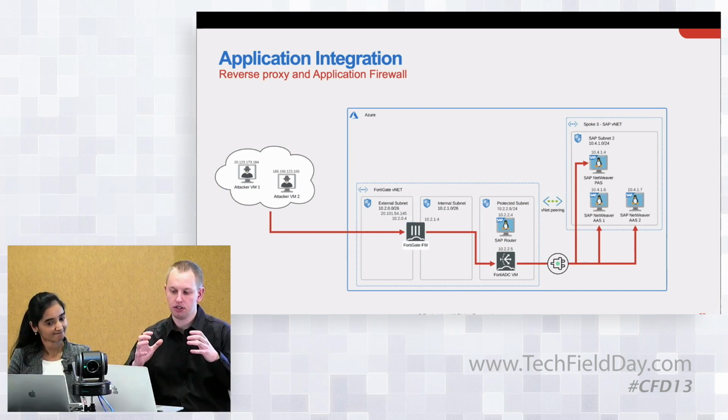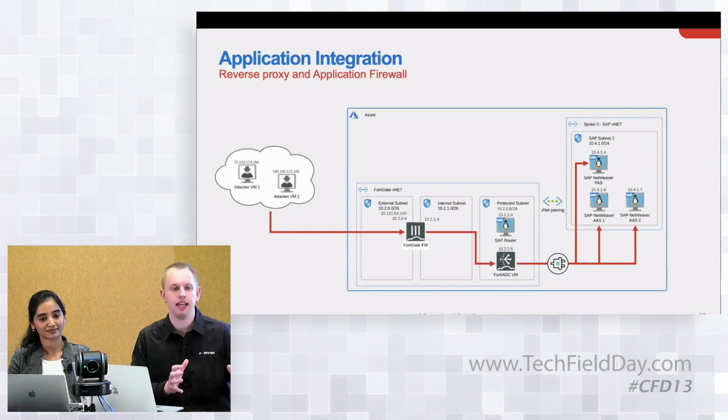So you as a security person don't need to be aware of how SAP works. If some SAP administrator decides we are out of resources and spins up 10 more instances, you don't worry about it. ADC will take care of that for you. You only need to know what you want to publish at the end. That's what we build here with FortiADC.